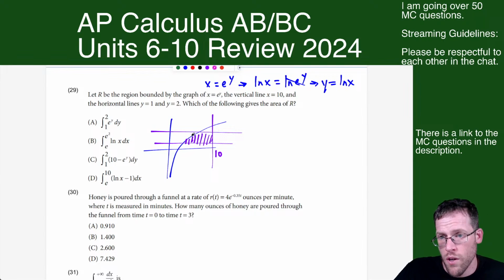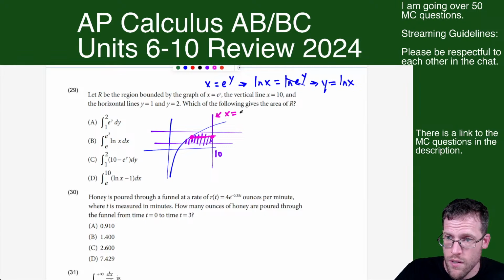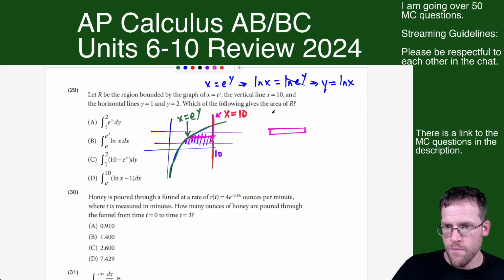For this one, we want to find horizontal cross sections. That's the easiest way to do this. Here, I'm going to name this x equals 10. And this curve, which maybe I'll make green, is natural log x, but I could also just call it x equals e to the y. When I describe one of these cross sections, it's the thing on the right minus the thing on the left, so 10 minus e to the y.